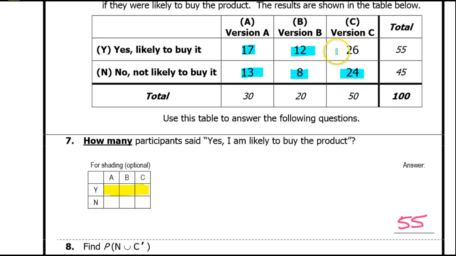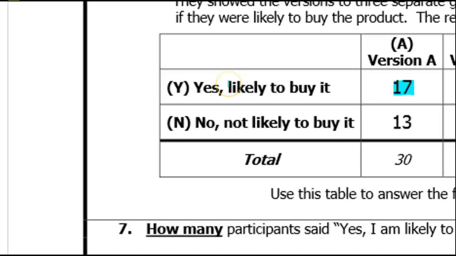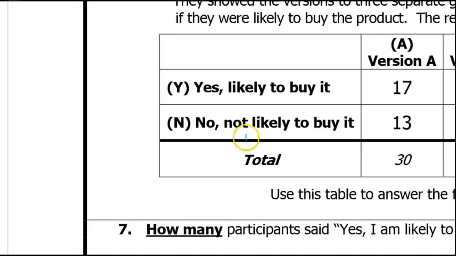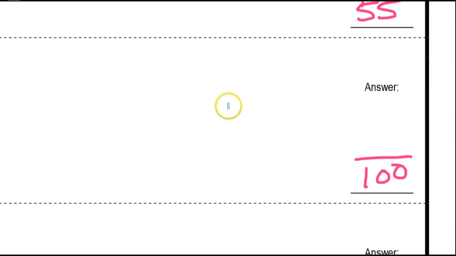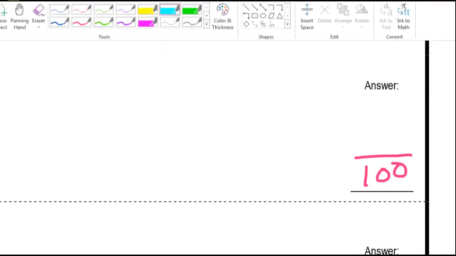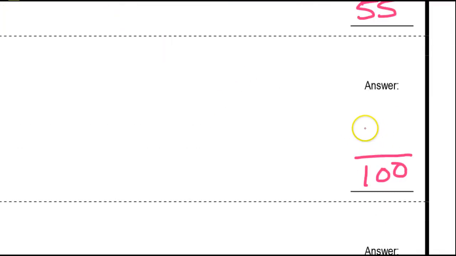So it's all of the numbers except for 26, so it might be a little bit quicker to do 100 minus 26, which is going to be 74. Okay, so either way, that's going to give me 74 out of 100.